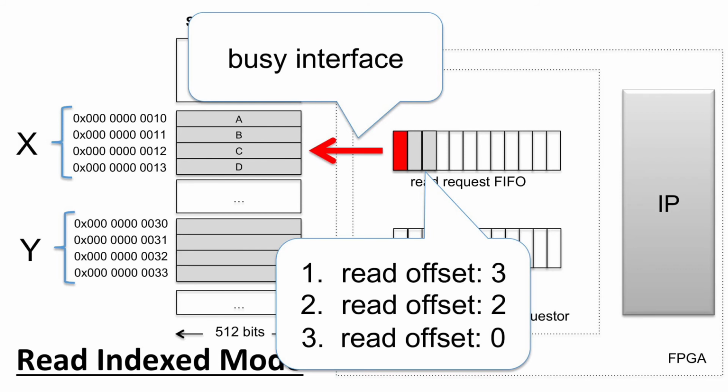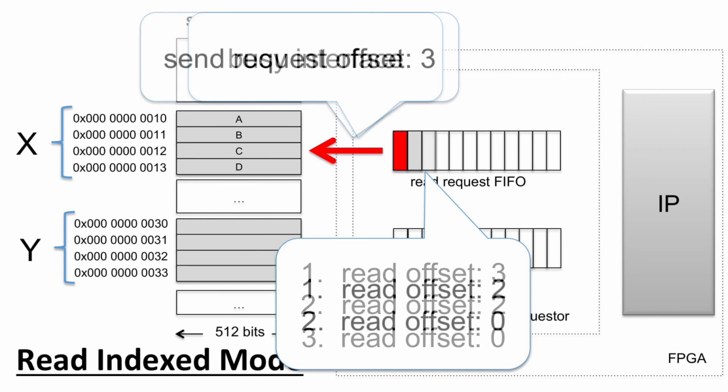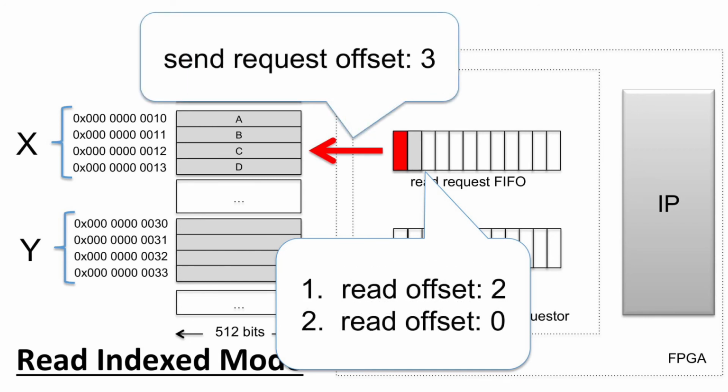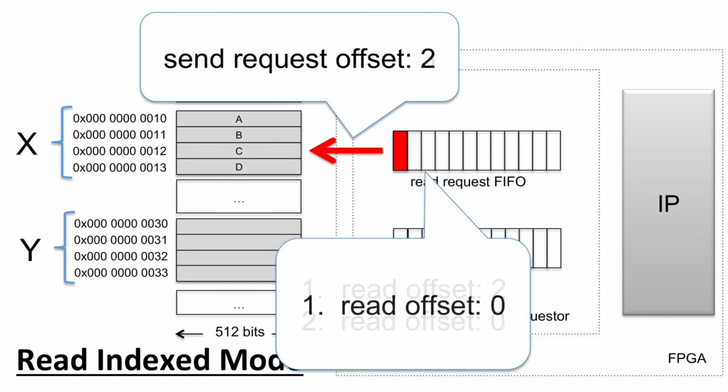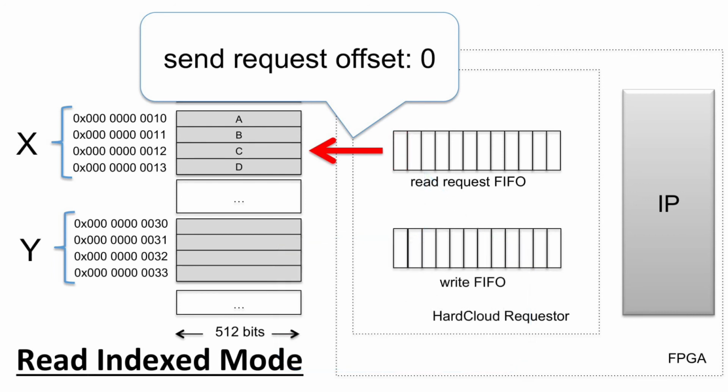Then wait until the next subblock status is not busy. Each request is going to be sent in a sequential way. First with offset 3, second with offset 2, and the last with offset 0.